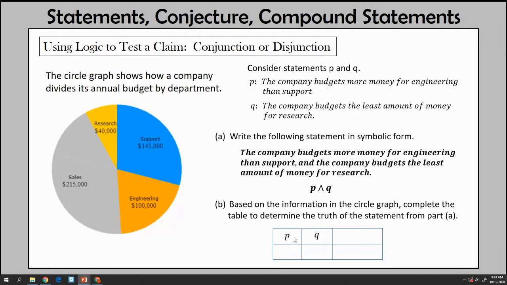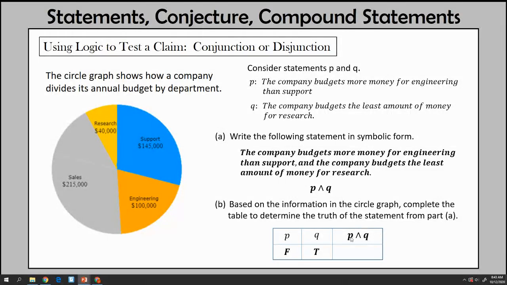Statement P, is that true or false? The company budgets more money for engineering than support. So engineering is $100,000, support is $145,000. So this statement is false. Q statement, the company budgets the least amount of money for research. Well, research is 40,000, everything else is more than that, so that's true.